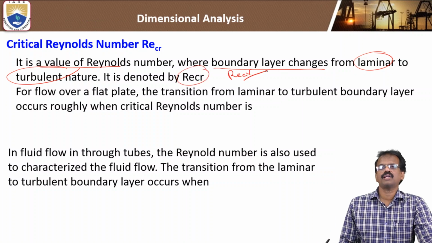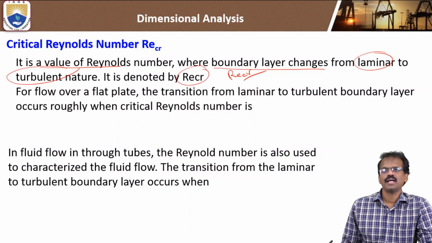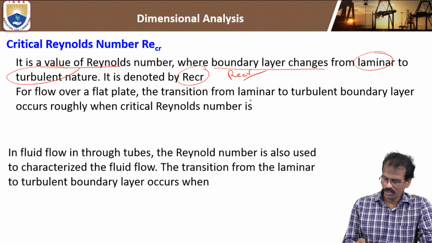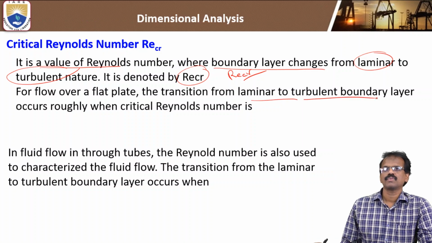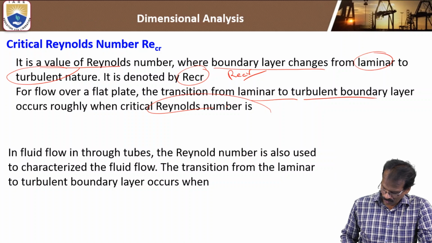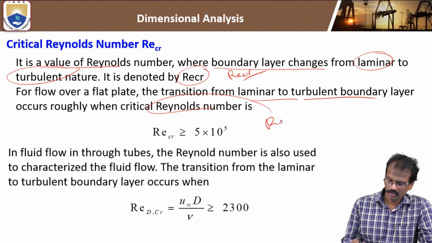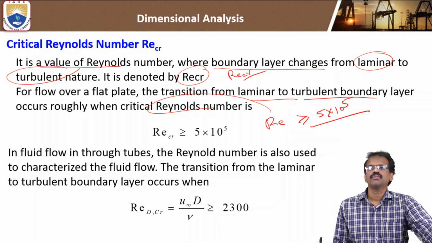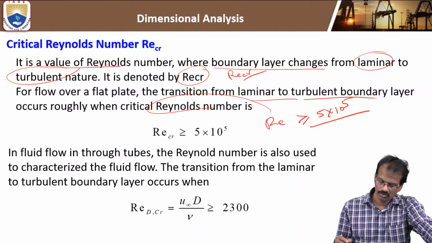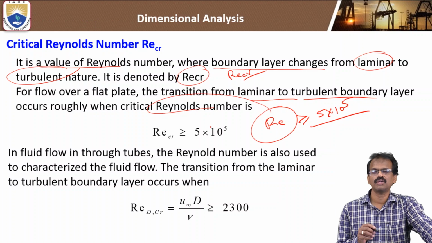For the flow over a flat plate, the transition from laminar to turbulent boundary layer occurs roughly at a critical Reynolds number equal to this value. If Re is greater than 5 into 10 to the power of 5, that shows turbulent flow.